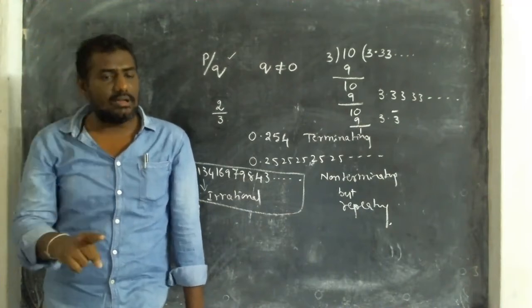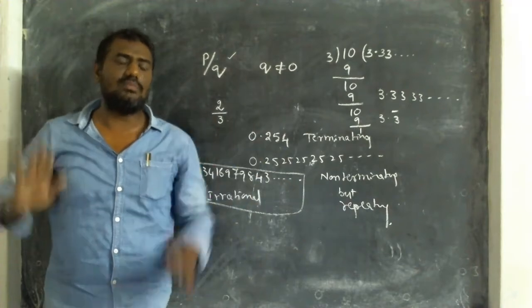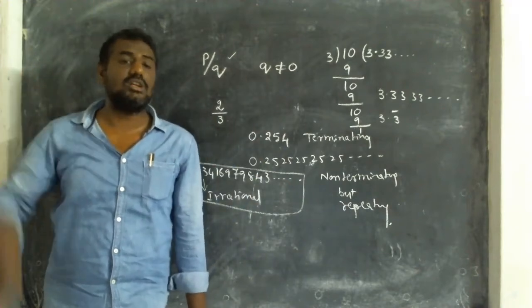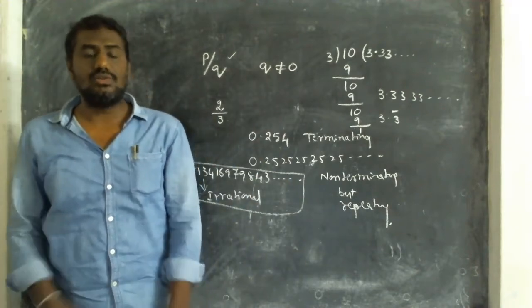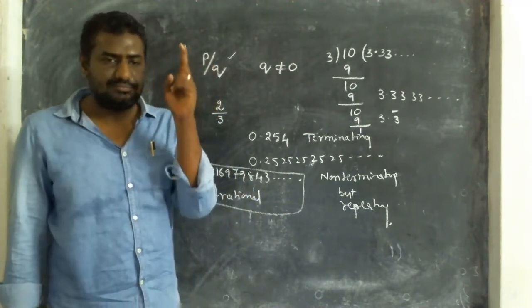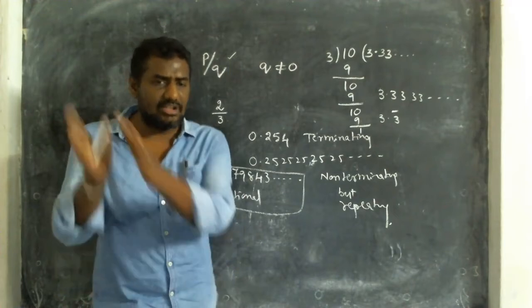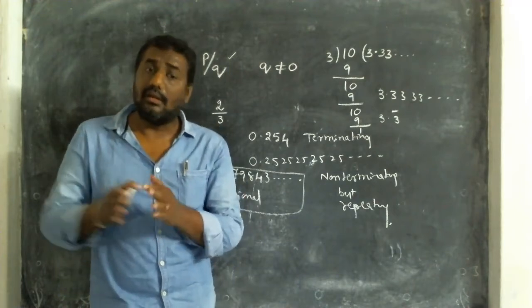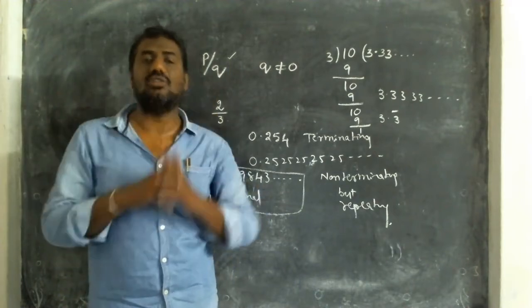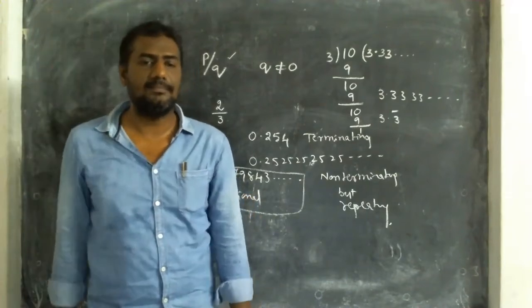Irrational means only one type: non-stop, go on moving, but numbers are not repeated. So we have to remember these two types for rational and irrational. Rational means terminating, or non-stopping but repeating. Irrational means non-stop but not repeated.